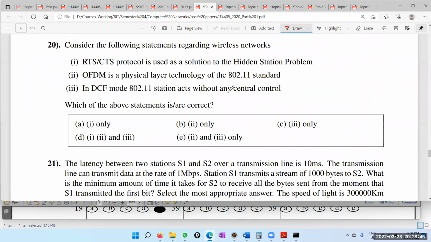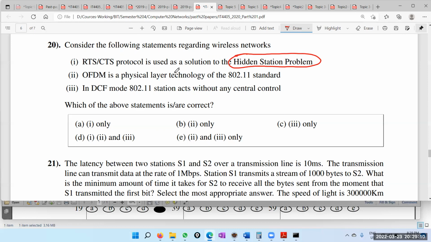Question 20. Consider the following statements regarding wireless networks. The RTS CTS protocol is used as a solution to the hidden station problem. We discussed the hidden station problem in the wireless network. We discussed two problems, right?